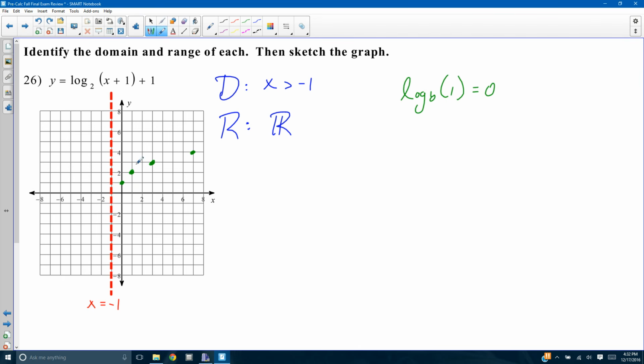As I multiply by 2 going out this way, I will divide by 2 going down this way. So again, feel free to use a table as needed. Just make sure that you understand that you can't always use a calculator with it. So you got to know how logs work anyway. And you got to be picky about the points that you choose. It's probably easier to just think about what y values to choose. And you get the x plus 1 value in as a result. And there's a horrible looking graph.